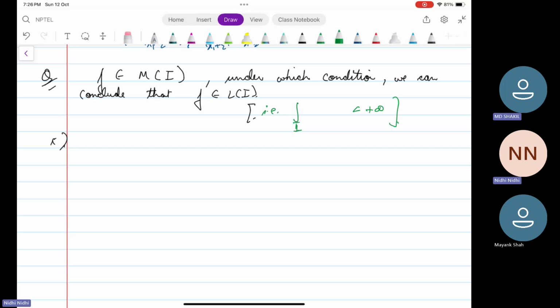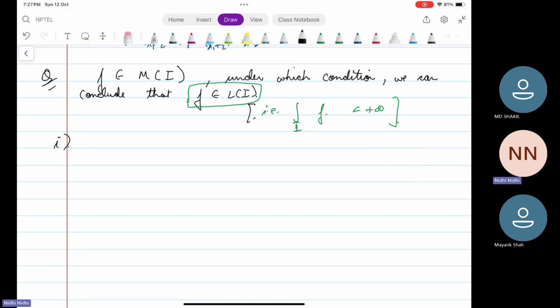What do you mean by f belonging to L1? L1 is Lebesgue integrable. Just integrable, or integrable with this modulus? Just integrable. It's f equal to u minus v. Okay, that's the L1 space. Yes, when we talk about the L1 space, it's the modulus. I was getting confused. Okay.